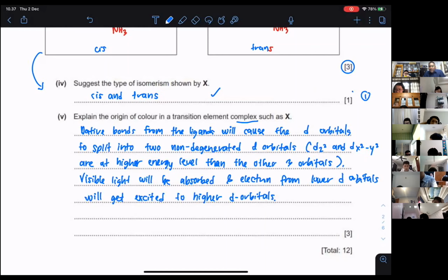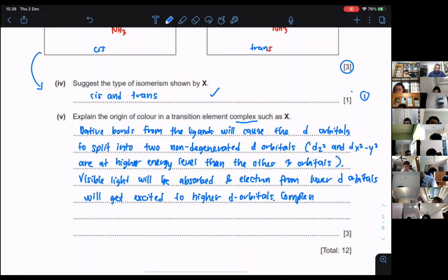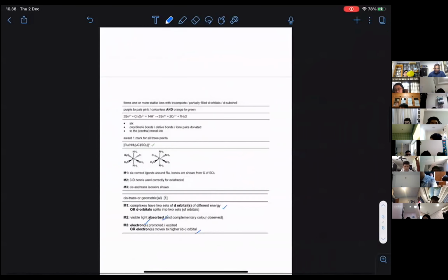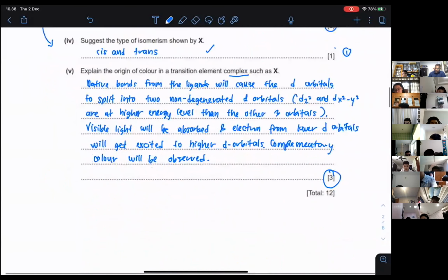Once this is excited, a complementary color will be observed. 3 marks. So you can see here, you must include non-degenerate orbitals, and then visible light absorbed, promoted to higher d orbitals. Everything is there, the answer is there. This is going to be a better answer based on your new syllabus.